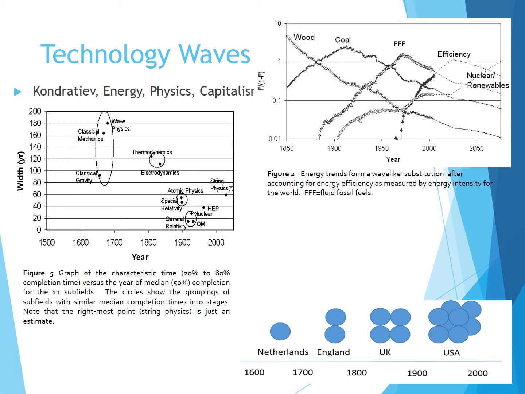Then in the early 1800s, there was thermodynamics and electrodynamics, giving a lot of useful technologies. Then it sped up again in the late 1890s into the 20th century with atomic physics and special relativity, and then it sped up tremendously in the 1920s and 30s with general relativity, quantum mechanics, and nuclear, rewriting a lot of the basics of physics.